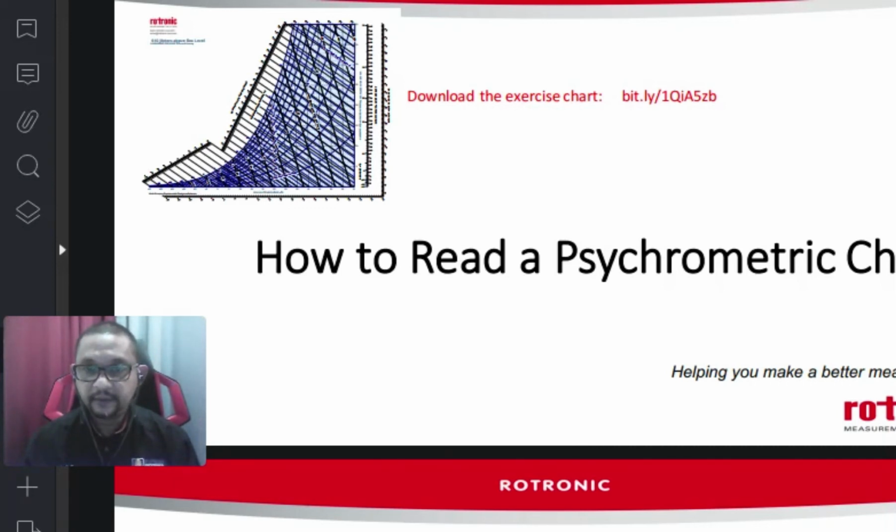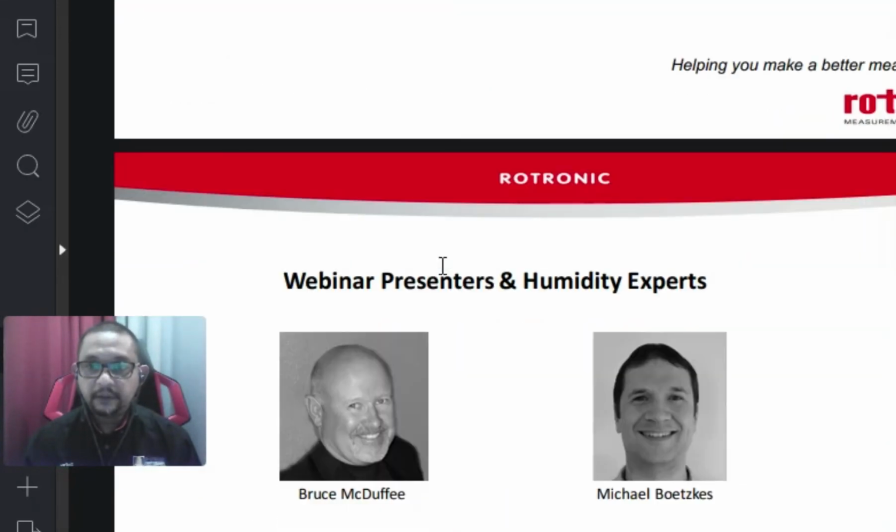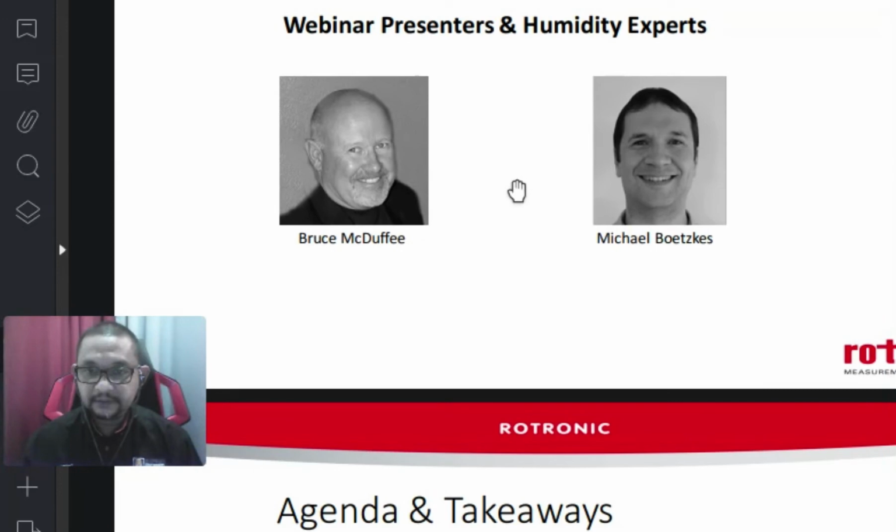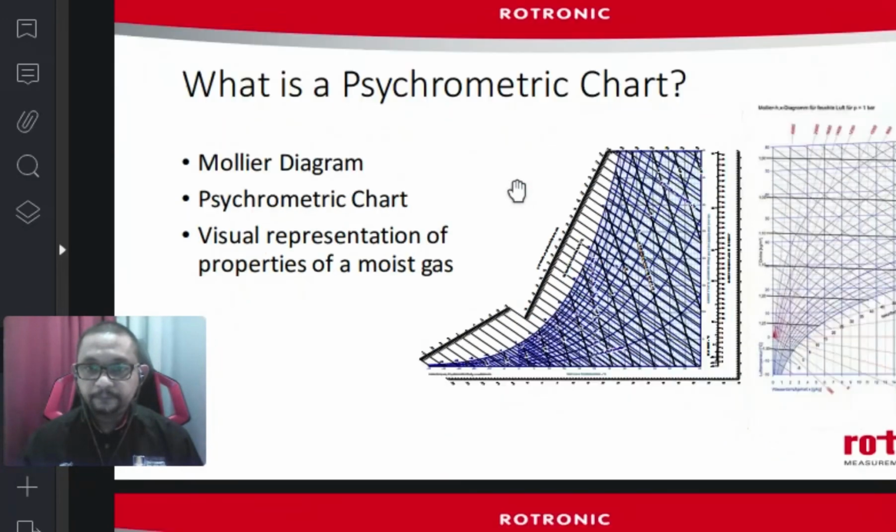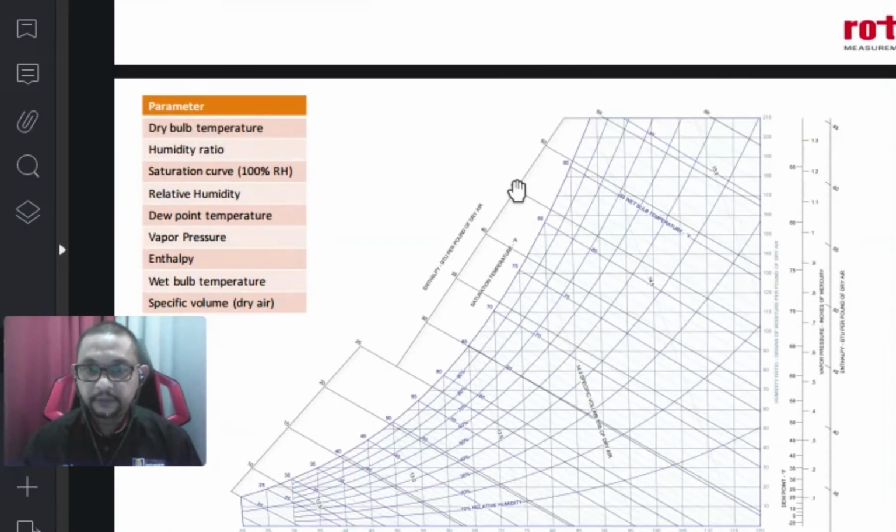This slide refers to two experts who presented at a webinar. The authors who presented this webinar are Bruce McDonfie and Michelle Brooks. I refer to their slide, and this is the psychrometric chart.